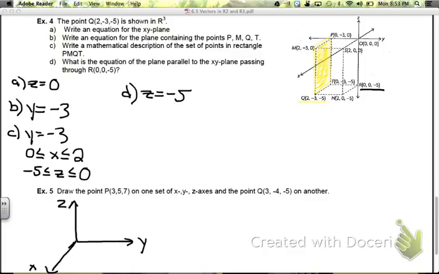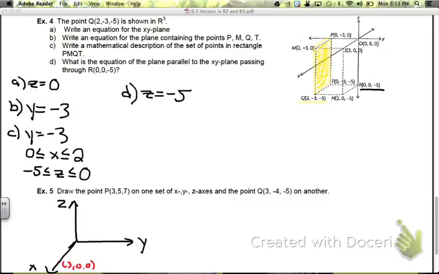So what I'm going to do is first look at where the point 3, 0, 0 would be located. So first, this here would be 3, 0, 0. So I know I need to move out, positive. Then let's just look at our y-axis.